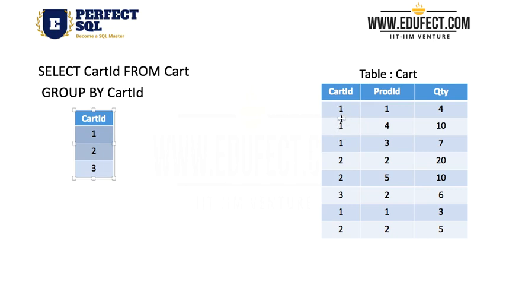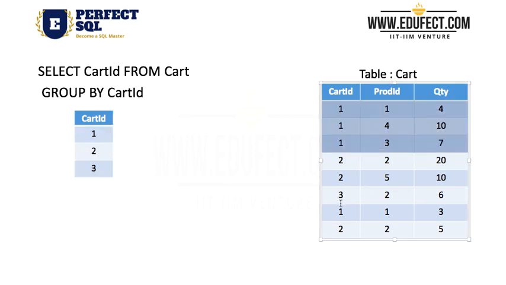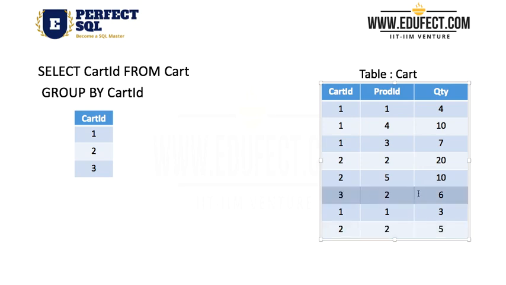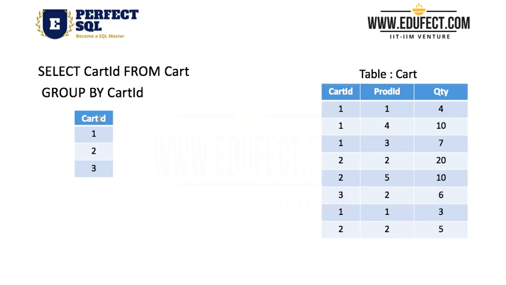We will form the group for cart ID 1, which will have these 3 rows and this one. Then we'll form the group for cart ID 2, which will be this one and this one, which will have 3 rows. And then we will form the third group with cart ID 3. So when we select cart ID from these groups, we will get these 3 cart IDs.